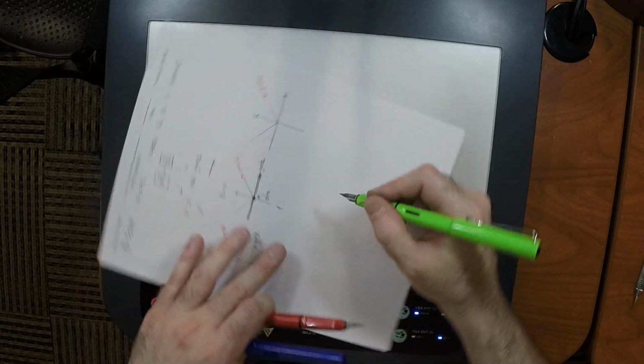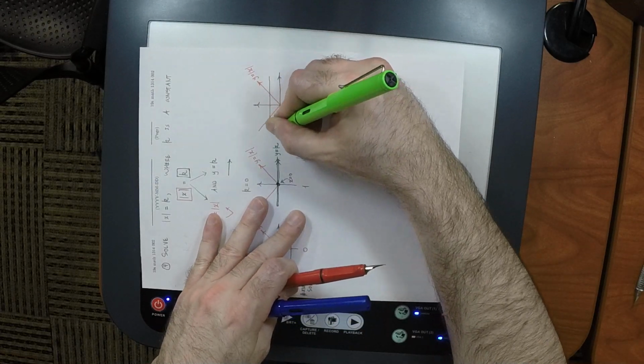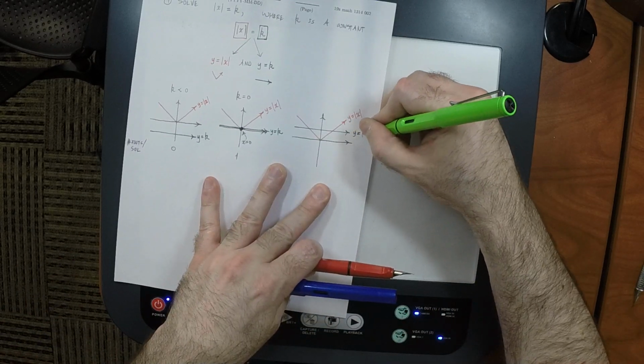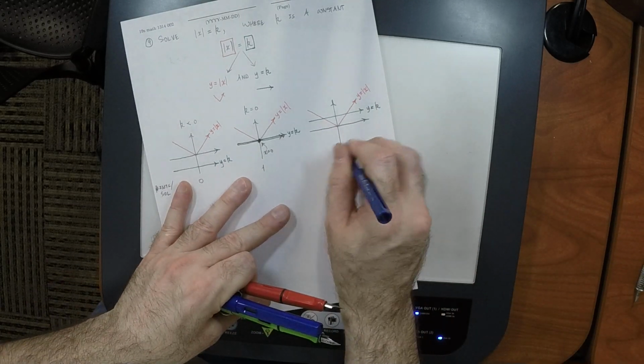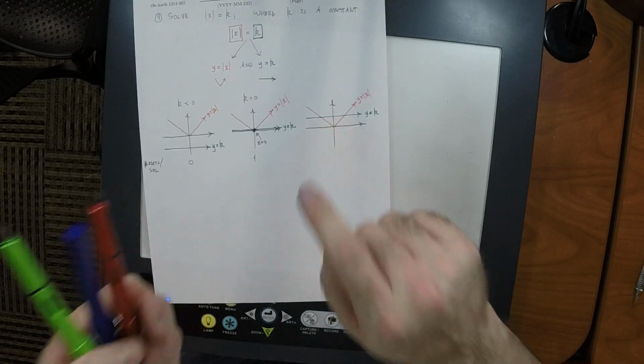And now the horizontal line is above the x-axis. Are there any intersections? Yes, of course. And how many? Those two.